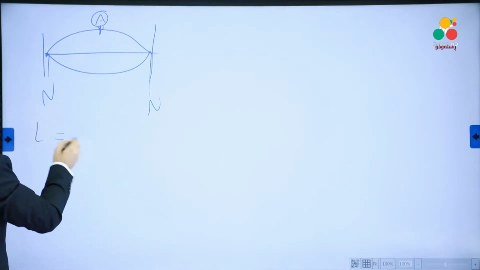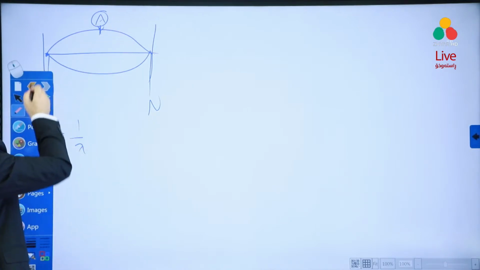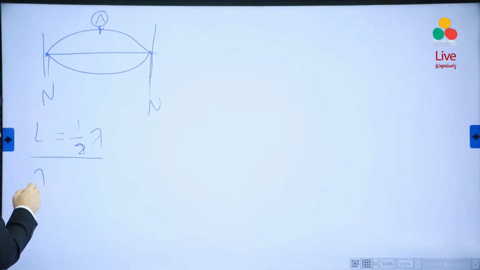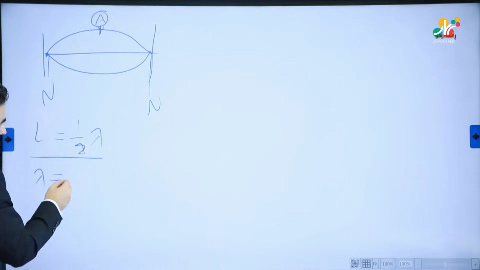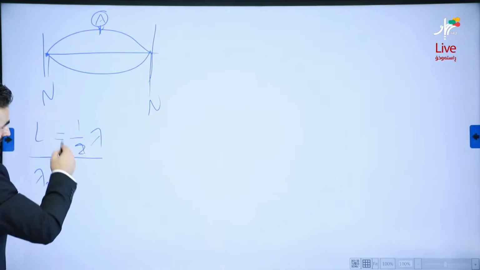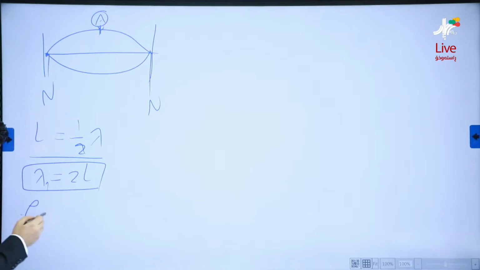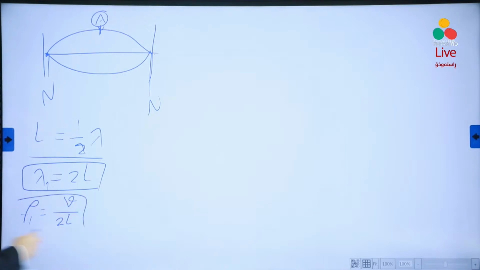The length equals half a wavelength, so the maximum wavelength for the fundamental equals 2 times the length. And the frequency equals the speed on the string divided by 2 times the length. That is the fundamental frequency as well.